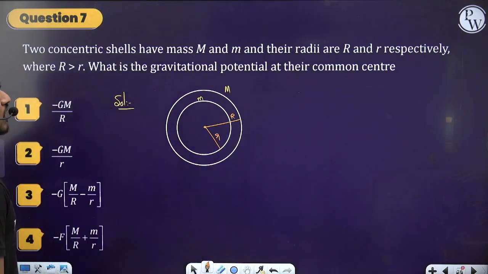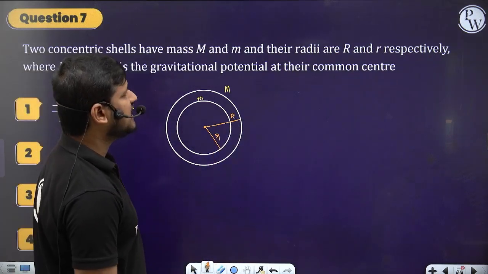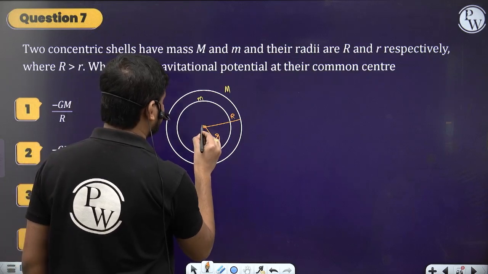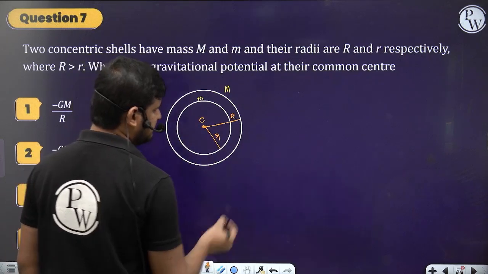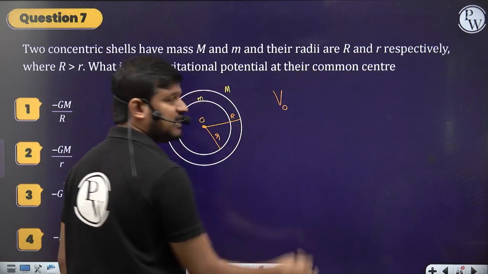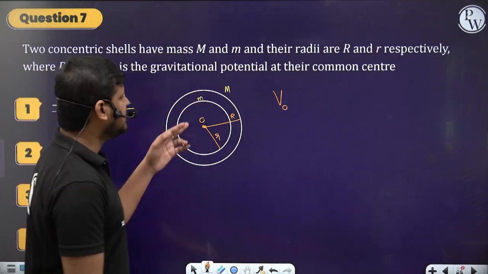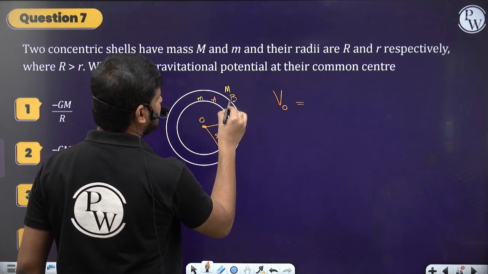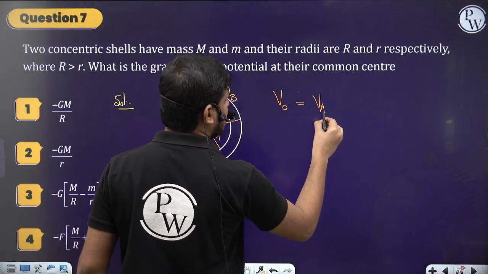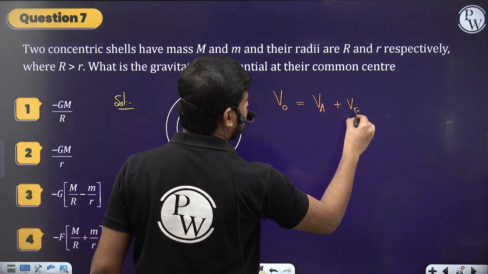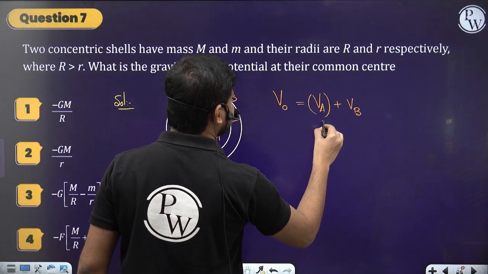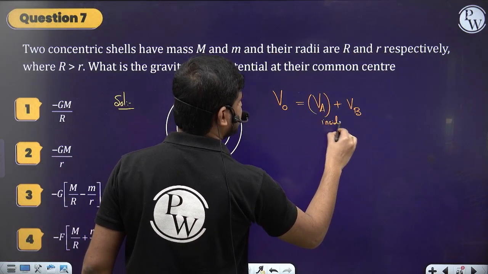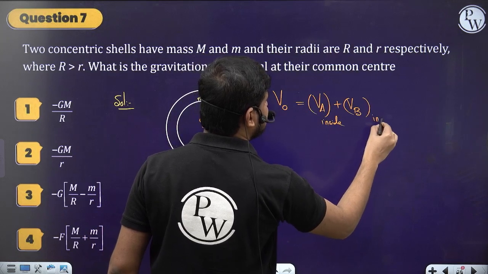Now, what is the gravitational potential at the common center? At this point O, simple question. The gravitational potential at center O will be due to shell A plus due to shell B. For shell A, the point is inside. For shell B also, it is inside.